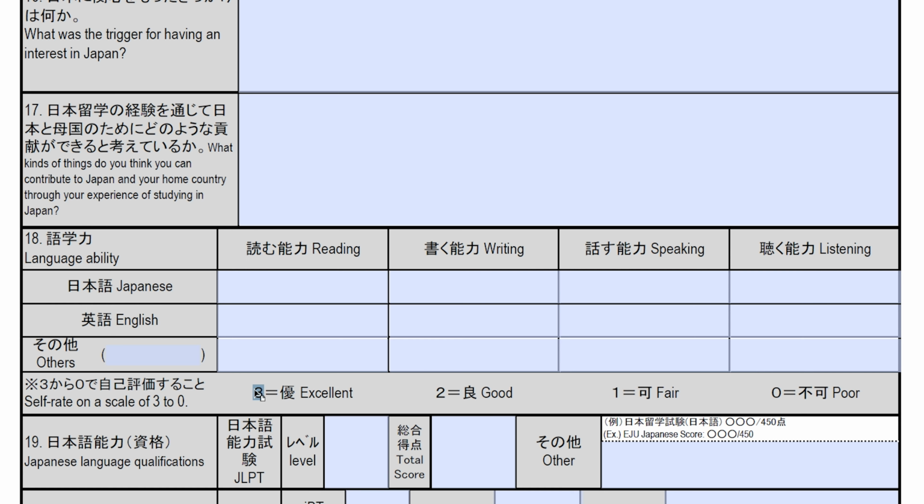But if you have studied Japanese before, be honest enough to put the level, because if you put yourself as excellent, it means they will assume you know Japanese, and in the interview they will talk to you in Japanese.